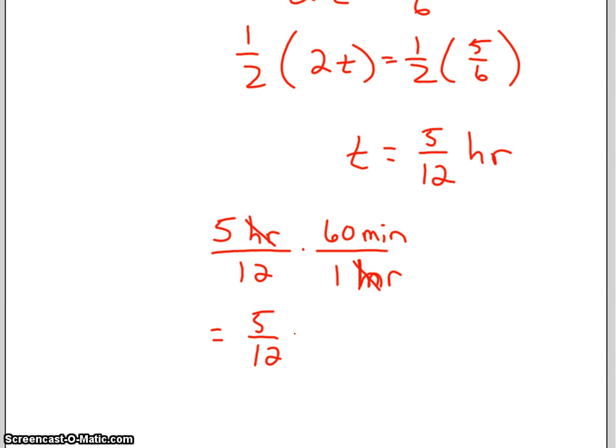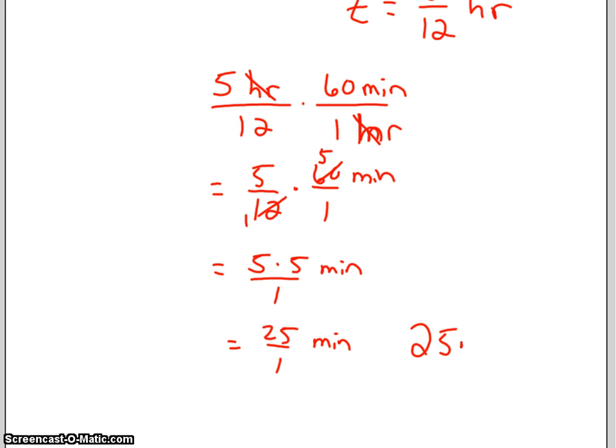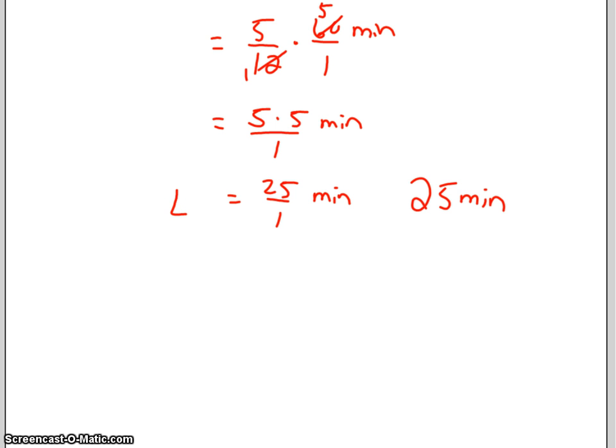So it's basically 5/12 times 60 over 1, and we can actually cancel right here if we wanted to. So if we do 60 divided by 12, that's 5. So we get 5 times 5 over 1, or 25 over 1. Now we're in minutes here. This answer is going to be in minutes. So 25 minutes. And what this is, t. So t equals 25 minutes.